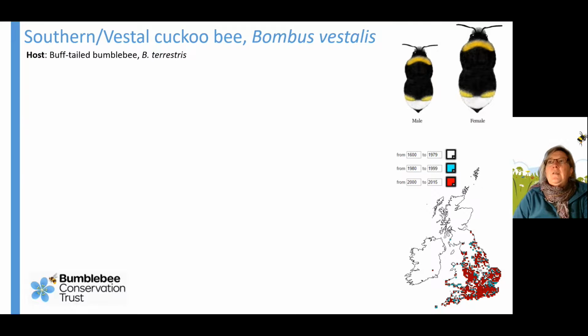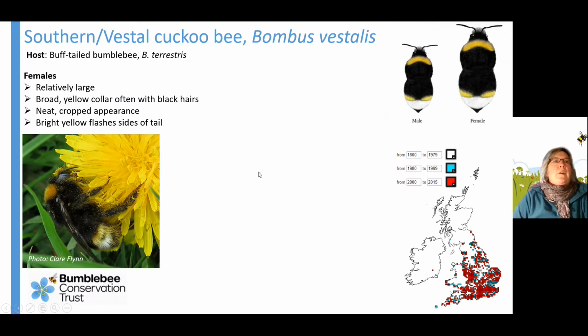So Bombus vestalis, you can see from the distribution map. These maps are a little bit out of date, but they give us an idea of the general distribution across the UK. This has a southerly distribution, as you can see. And as we've already described, the females are predominantly black with a deep, deep yellow collar behind the head, which can often appear quite dark as it can have quite a lot of black hairs intermingled in there within that yellow collar.